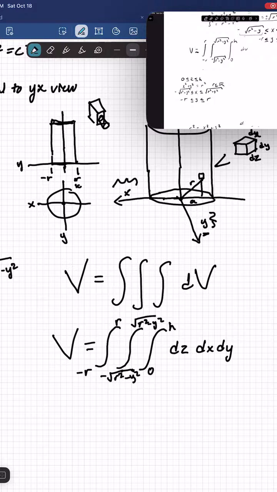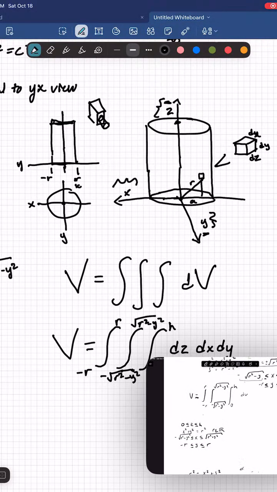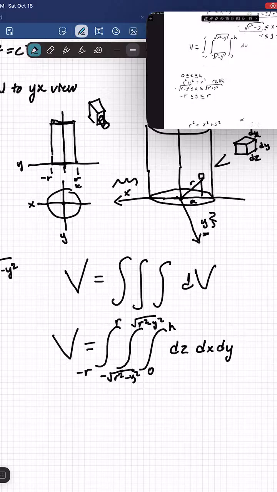Okay. Fascinating. Yeah, for sure. So the first integral.